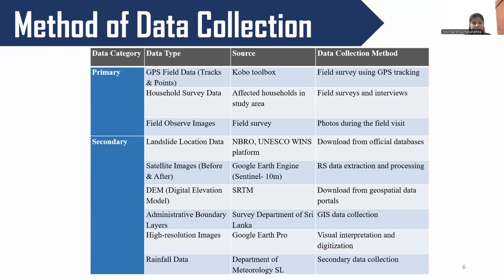The satellite images we get from Google Earth Engine, and the digital elevation model from the SRTM 30-meter DEM download. The administrative boundary layer comes from the Survey Department of Sri Lanka, high resolution images from Google Earth Pro, and the rainfall data from the Department of Meteorology in Sri Lanka.